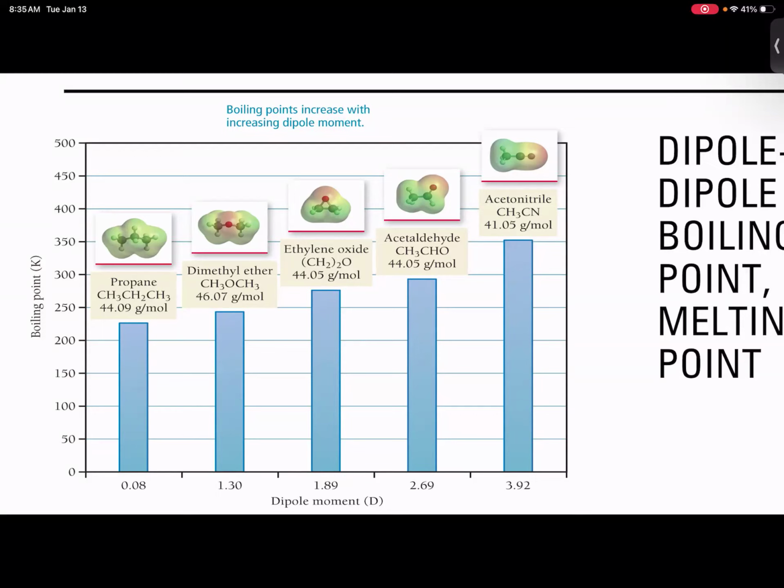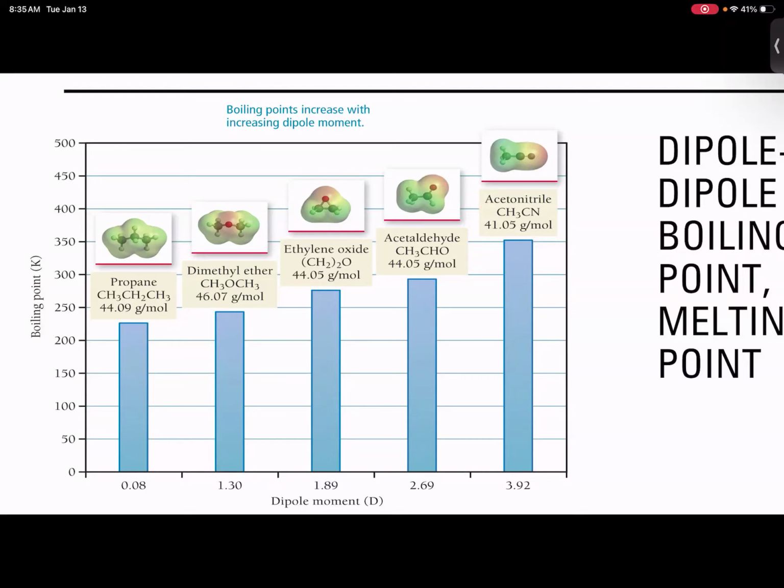Dimethyl ether has a molar mass of 46.07 grams per mole, meaning there's not a huge difference in the molar mass here. Ethylene oxide has a molar mass of 44.05. Hey, it's almost the exact same as propane. Acetaldehyde, 44.05. And then acetonitrile has 41.05. It's actually got a lower molar mass.